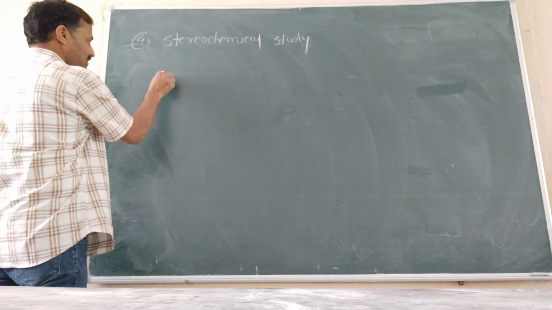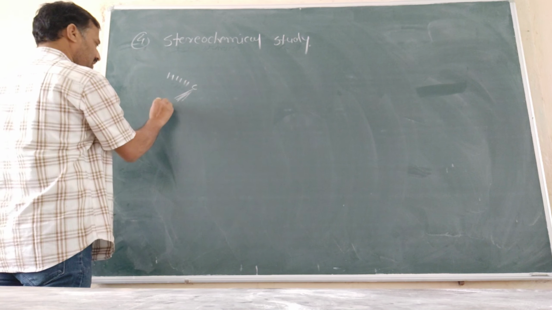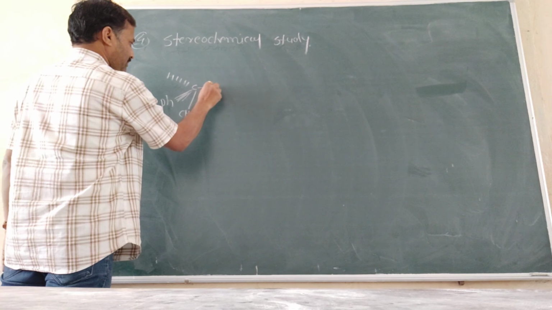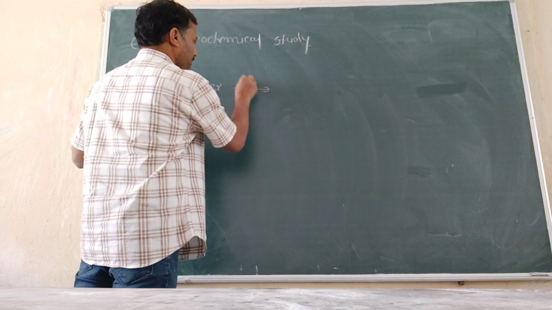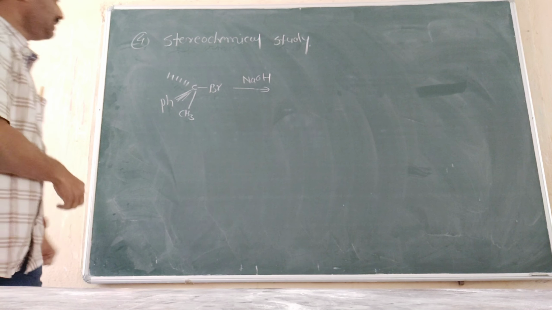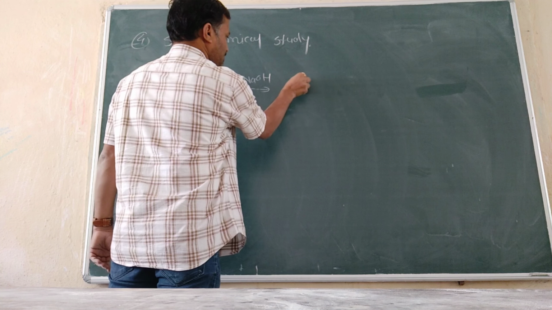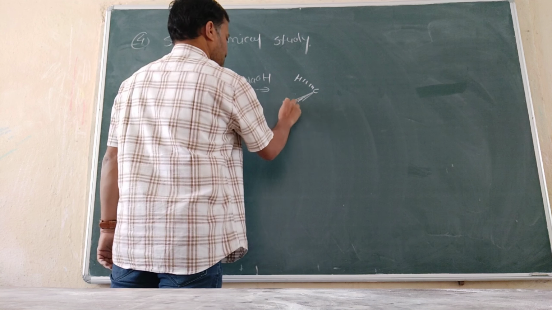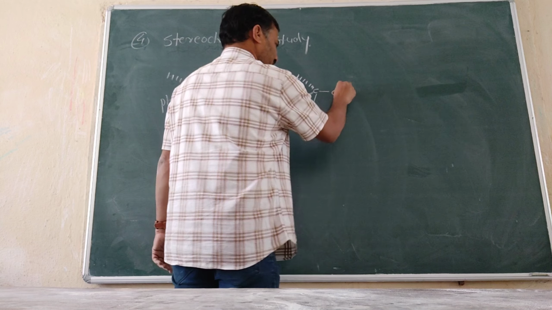See simple reaction. Tell me what is the name of this? Alkyl halide, CH3Br. Okay, it reacts with alkali, and we get this compound, H, C6H5, CH3 and OH.